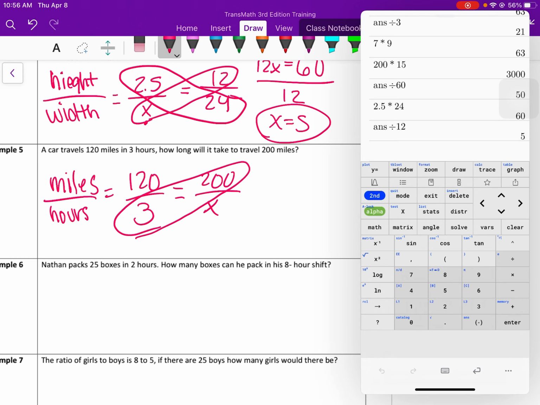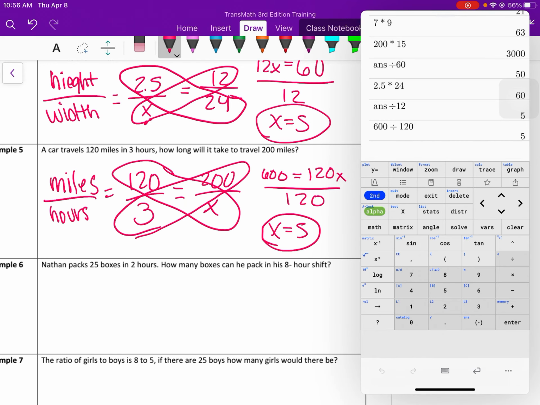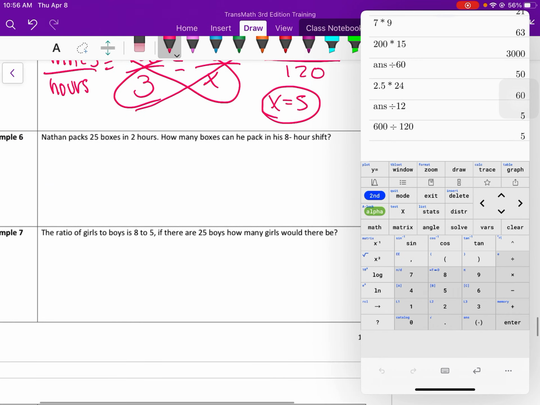Cross multiply. 200 times 3 is 600. And that is equal to 120x. Divide by 120. So x equals 5, which means it would take 5 hours to travel 200 miles.